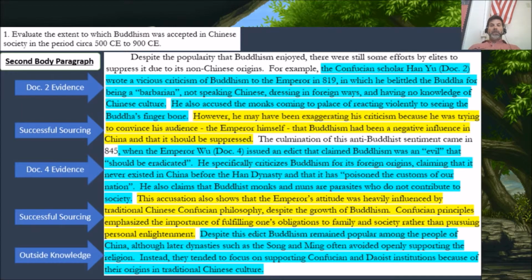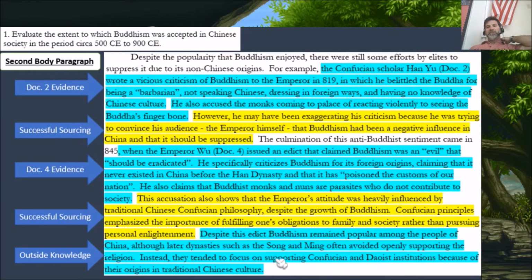Now, we're going to see a little bit more outside knowledge here. In this case, it's outside knowledge that actually kind of contradicts the evidence in the documents, but it still adds some more depth to our understanding of the whole argument. So despite this edict, Buddhism remained popular among the people of China, although later dynasties such as the Song and Ming often avoided openly supporting the religion.